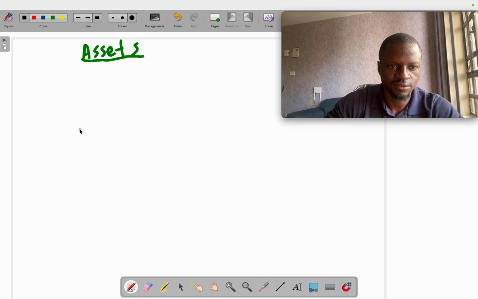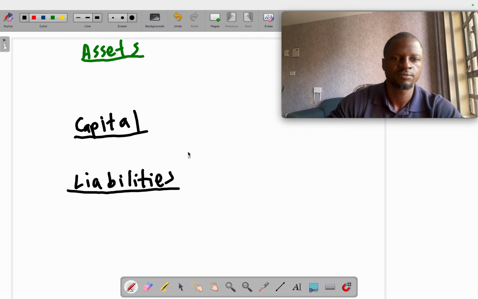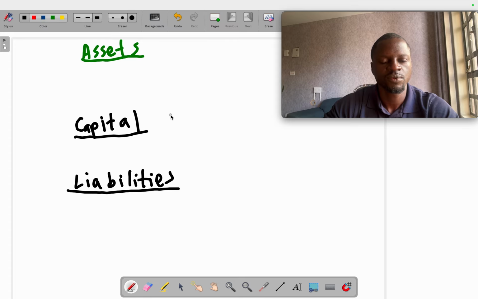So then you find capital, and liabilities. So you tend to find profit under capital. And this is how I came to reason why you find profit under capital.